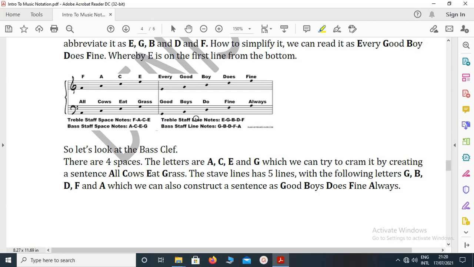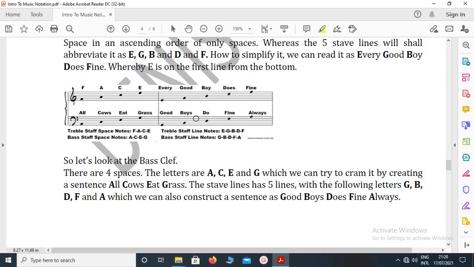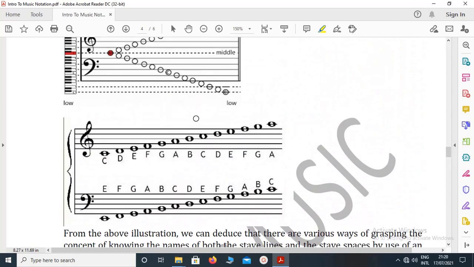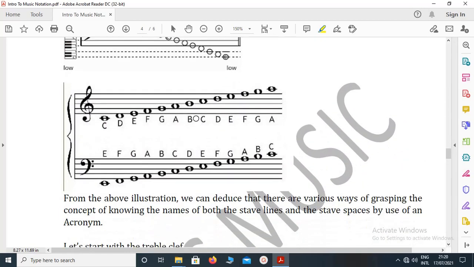Note, there is normally a challenge we face when we are naming these on the treble clef, that people may tend to say, okay, this is a G, so if it is a G, this is A. No, we don't name the lines separately alone.